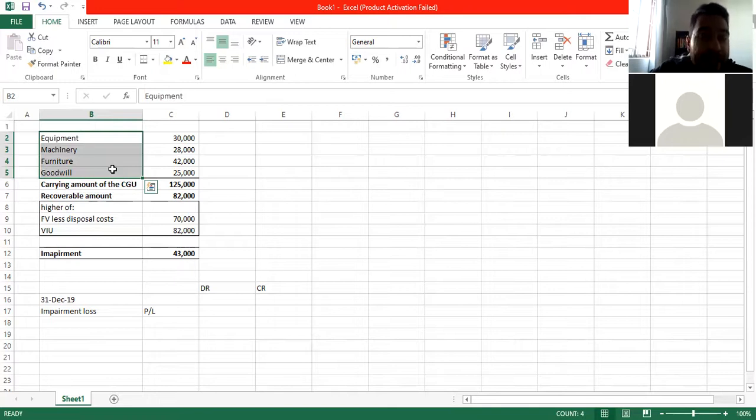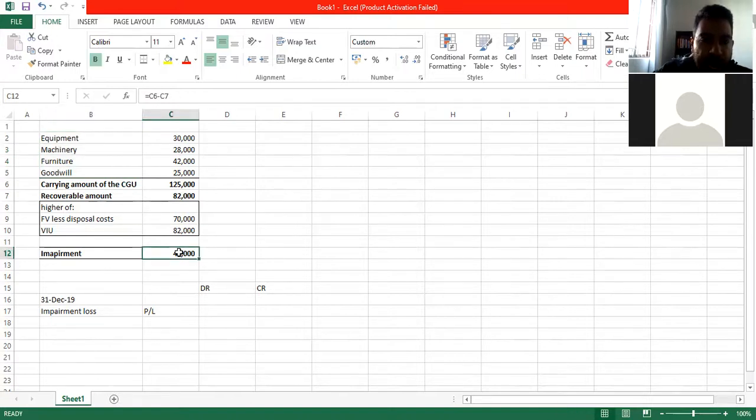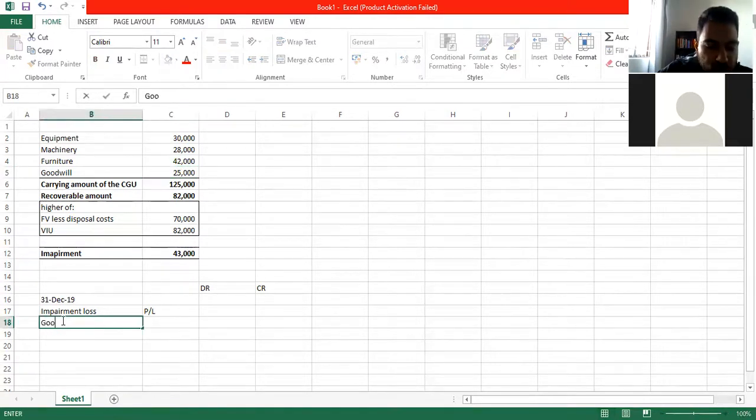What you must understand is that when there is goodwill, the impairment first goes against all the goodwill. So as you can see, the impairment is 43,000. How much is the goodwill? The goodwill is 25,000. So the impairment will be written against goodwill to the max. But goodwill only accounts for 25,000.